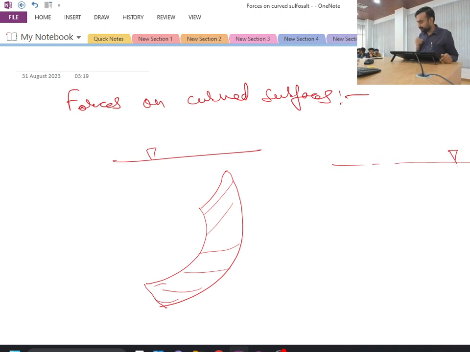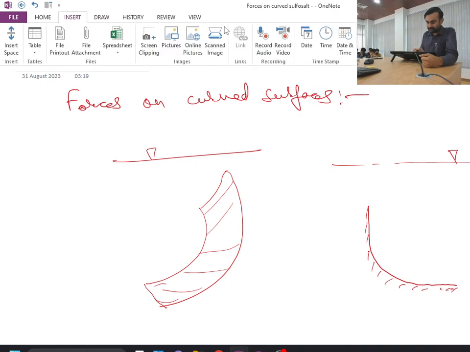Say this is my free surface, and if I look from the side view, say the curvature of the curved surface looks something like this. This is the solid curved surface which is submerged in water, and from the side view it looks like this. Of course, it is containing some water over this.